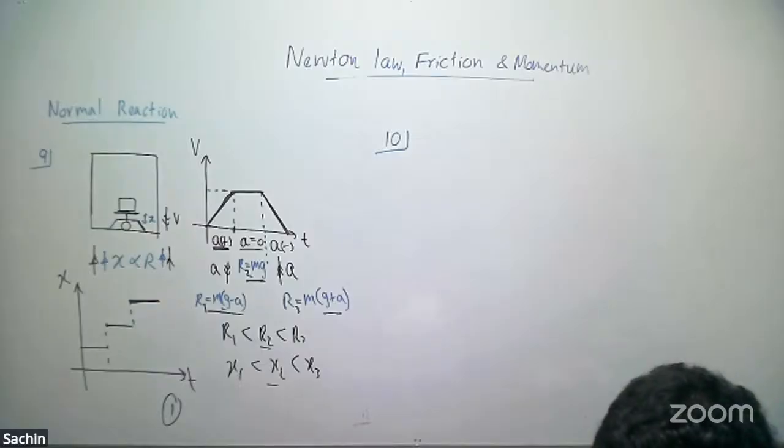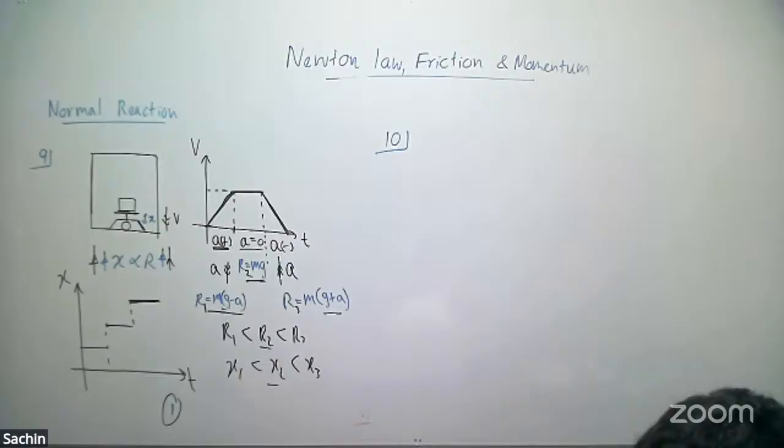Okay, question number 10. Two blocks A and B of masses 2 kg and 1 kg respectively are kept in contact on a frictionless table when a horizontal force F is applied on A as shown in the figure.